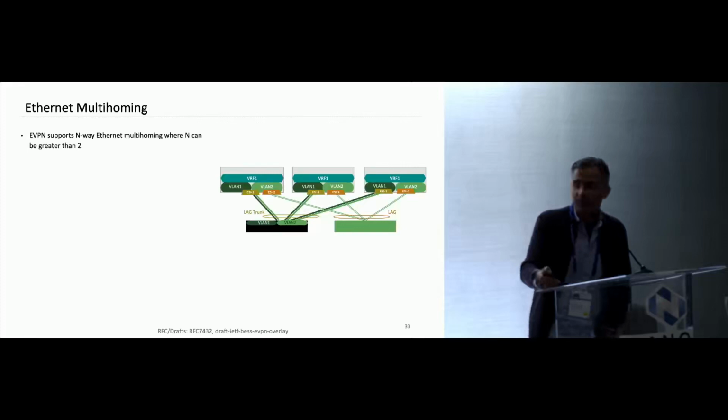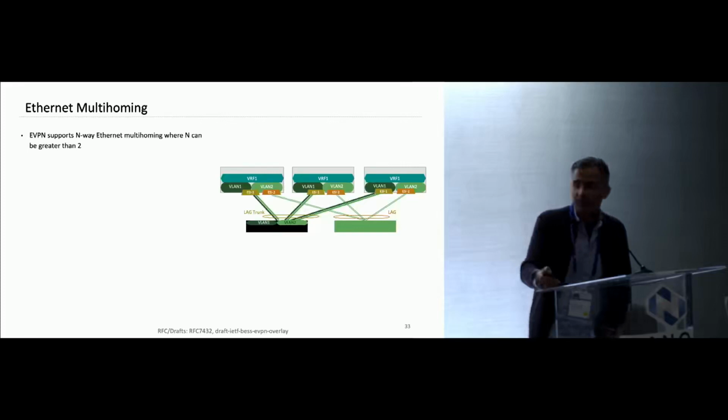Okay, there's also this new capability called assisted replicator. What the assisted replicator does is, ingress VTEPs send all their BUM to an assisted replicator, and the assisted replicator does the work of replicating. So the replication load on the ingress goes away and gets transferred to the replicator. The replicator could be connected maybe with more capacity.